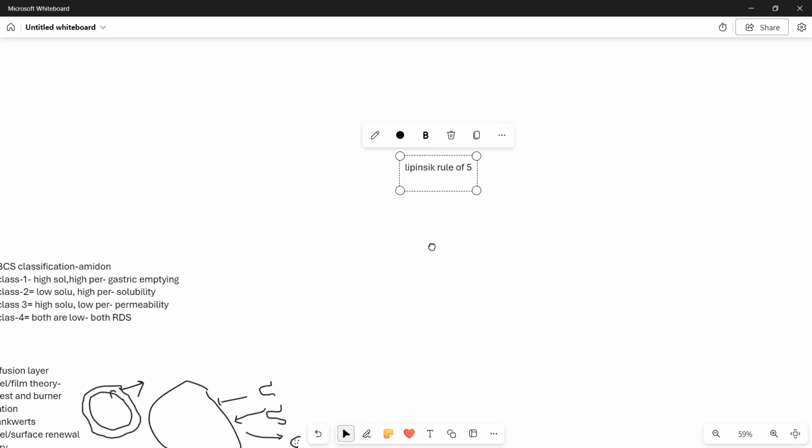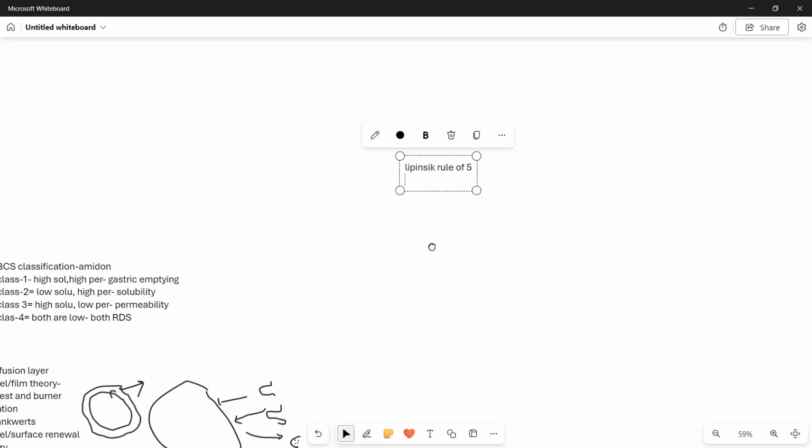Next parameters: the number of hydrogen bond acceptors up to 10, and hydrogen bond donors less than or equal to 5. Lipophilicity of the drug less than or equal to 5.